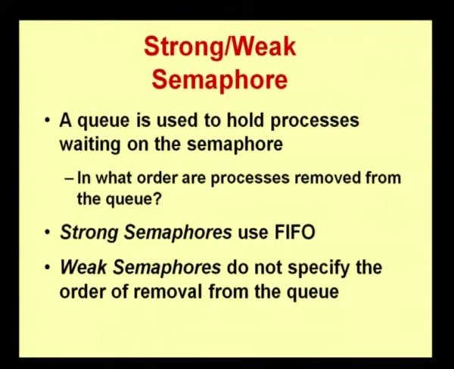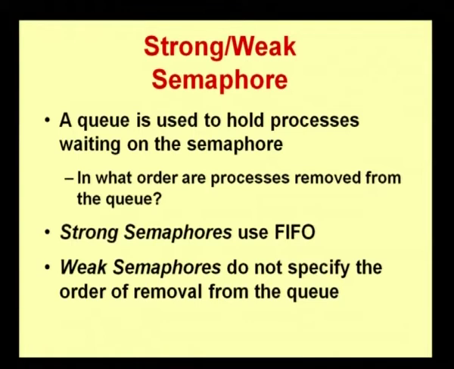When you have a semaphore, it is useful to say when a process completes with a resource and when that resource has been left free. Semaphores are of two types: one is called a strong semaphore, the other is called a weak semaphore.